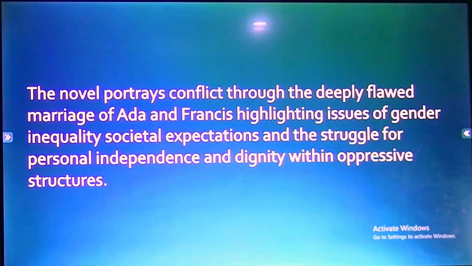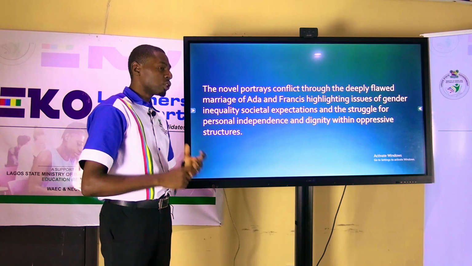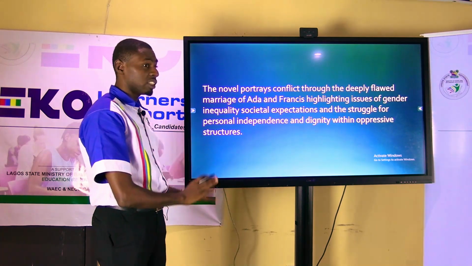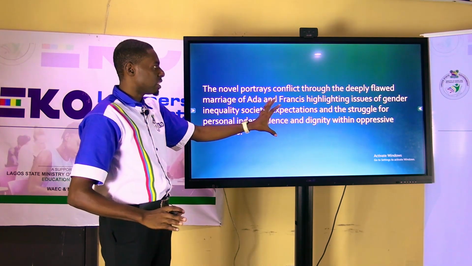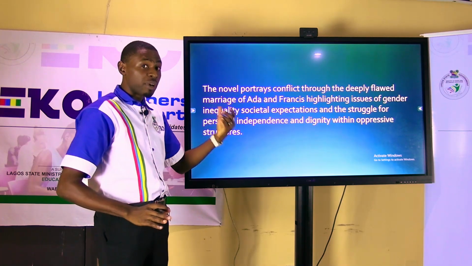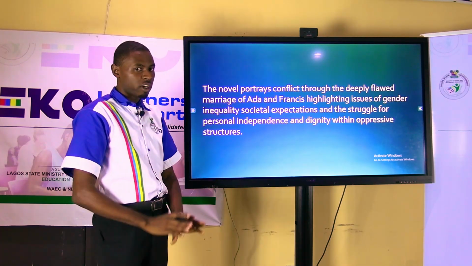So let's look at some ideas that you can draw. The novel portrays conflict through the deeply flawed marriage of Ada and Francis. And it highlights the issues of gender inequality, societal expectations and the struggle for personal independence. These are major themes that you will see in the text. So, having highlighted these themes and given us a background to the story, you would have done your first paragraph.